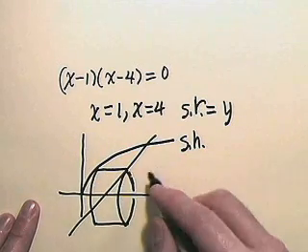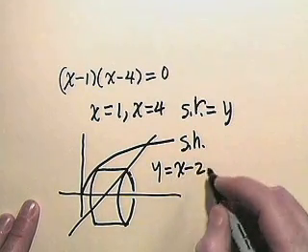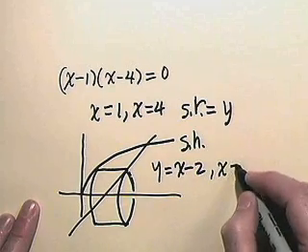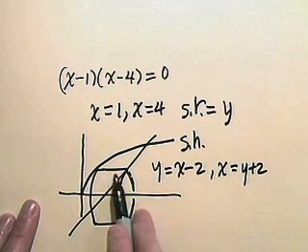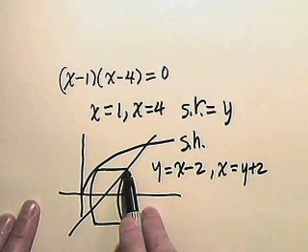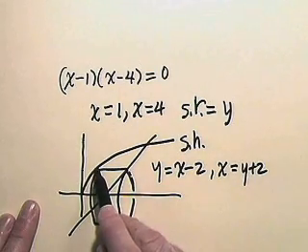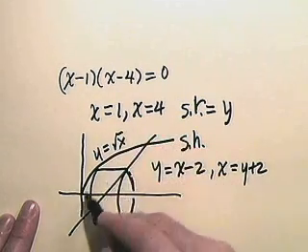In terms of y, the line y equals x minus 2 is the same thing as saying x equals y plus 2. So we could say the x coordinate of that point in terms of y is y plus 2. What about the x coordinate of this point? This is y equals square root x here.